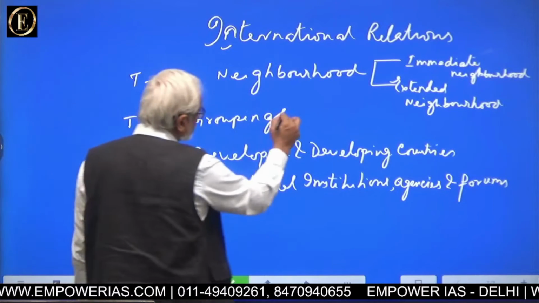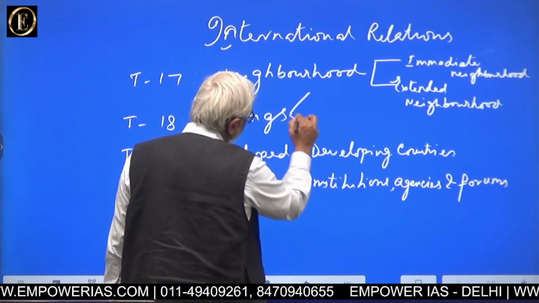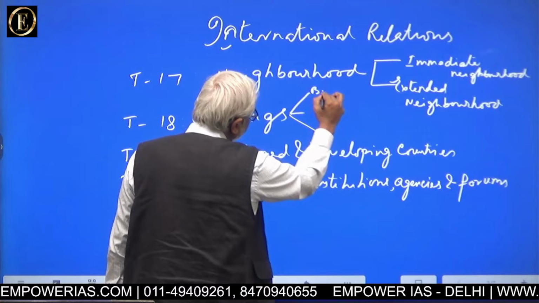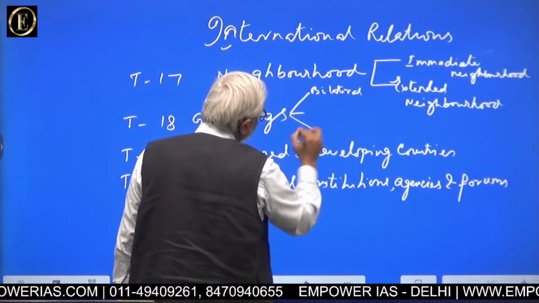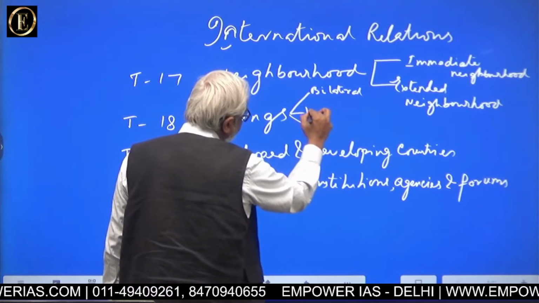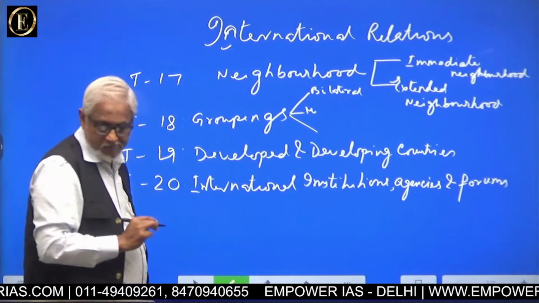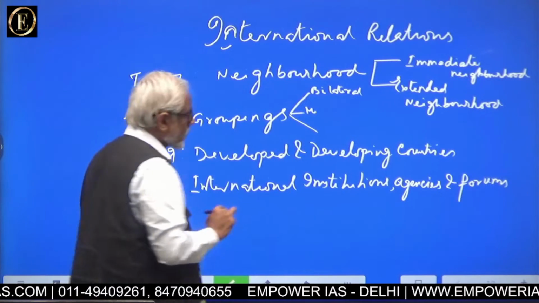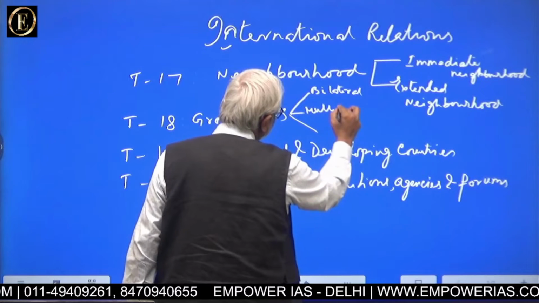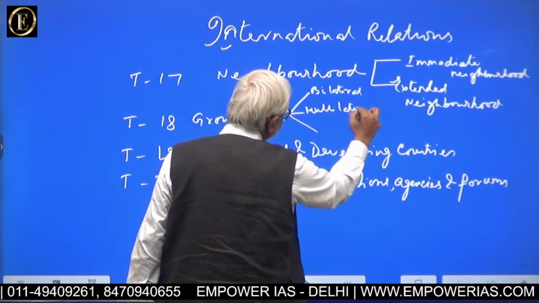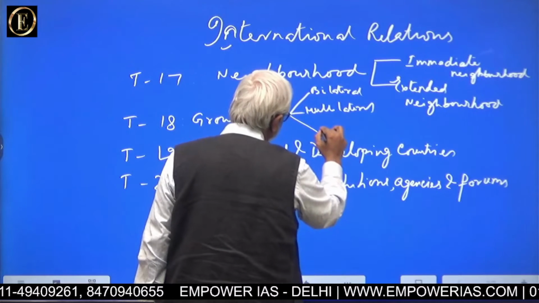Grouping also has 3 areas. There can be bilateral, there can be multilateral, there can be regional.